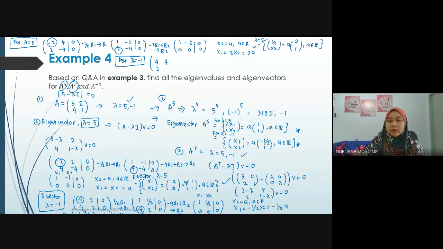Okay, 1 minus negative 1, 2. 0. 1, 4, 1. So 1, 1, 2, 2. Zero, make it 0. Negative 2, row 1. 1, 1. 0, 0.